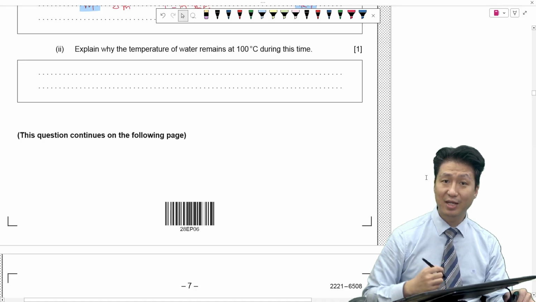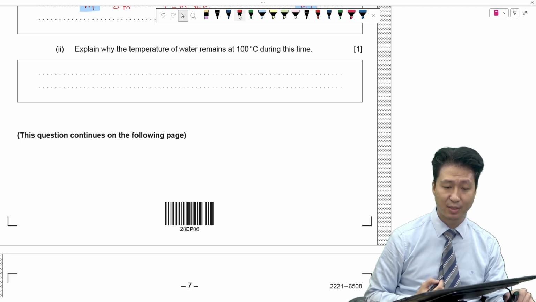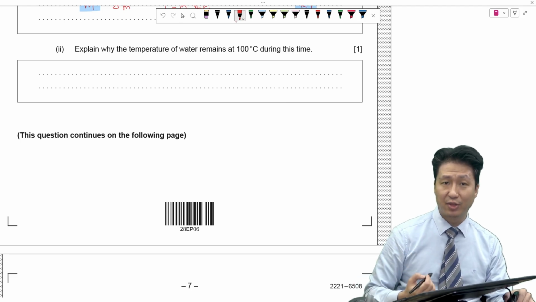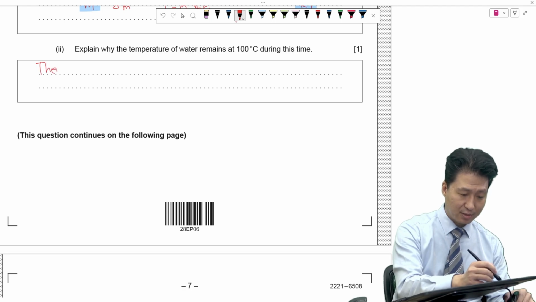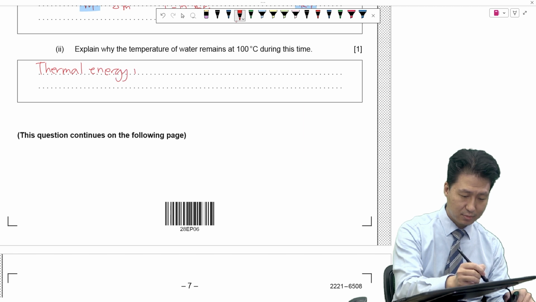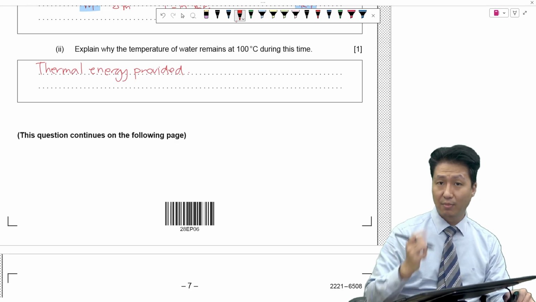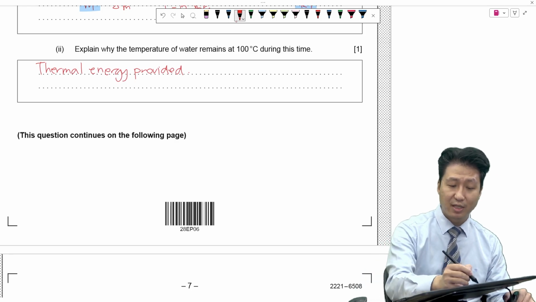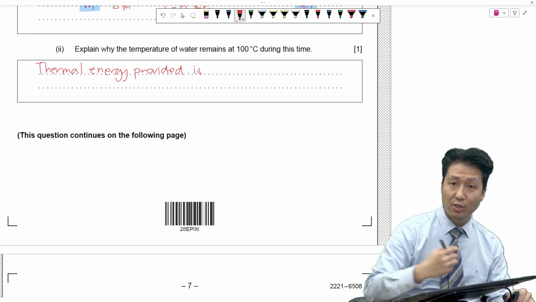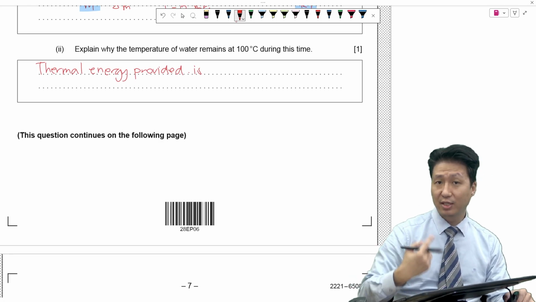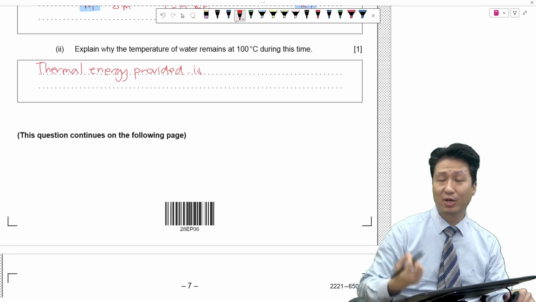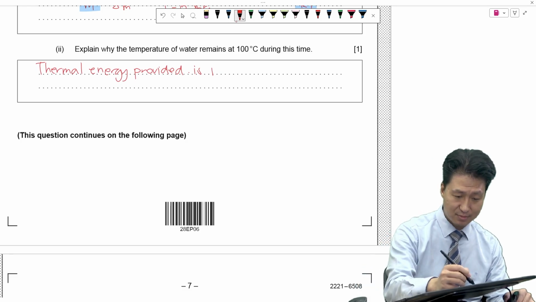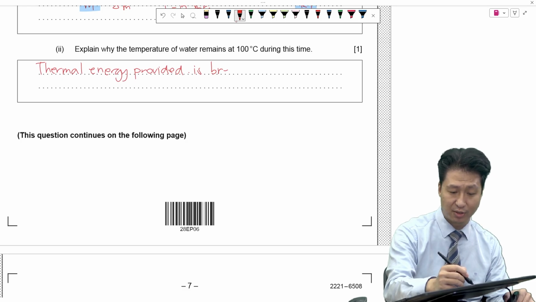Part 2, explain why the temperature of the water remains constant at 100 degrees Celsius during this time. So you are providing thermal energy. But this thermal energy is used to, well, number one, you can say break the intermolecular bonds between the atoms, or increase the potential energy.